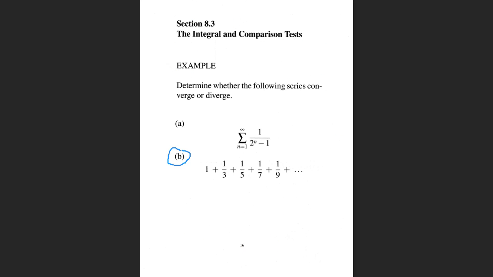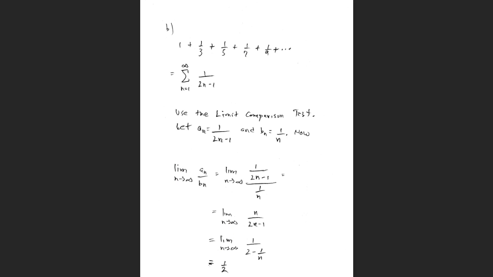Okay, so here we are. We're doing part B. And here's the formal solution. So we found the formula for the series. And we're going to use the limit comparison test for this one.